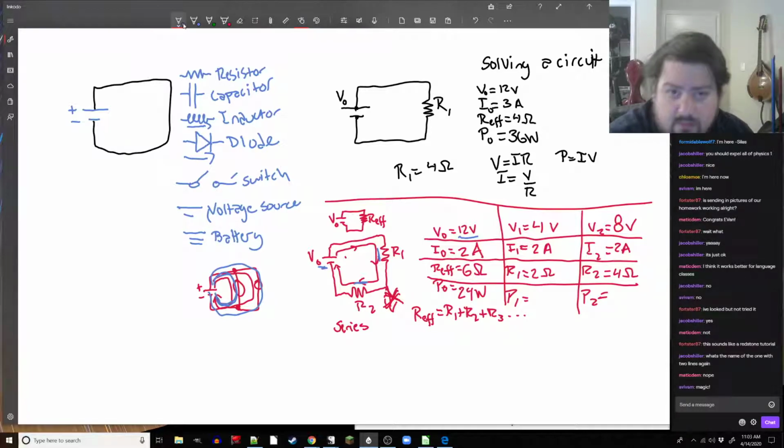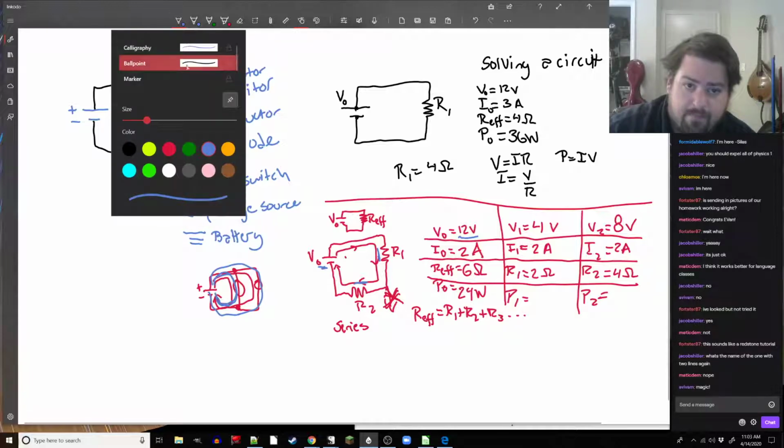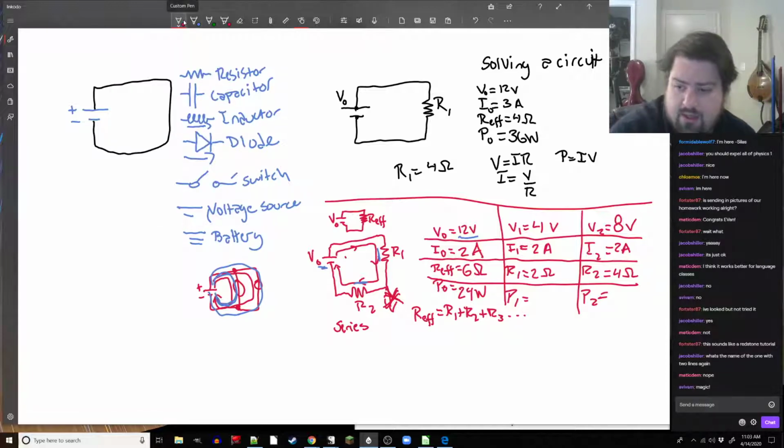So then also we need to calculate the power. P equals IV, so 2 times 4 is going to be 8 watts, and 2 times 8 is going to be 16 watts. And again, I want you to notice 8 plus 16 is 24.